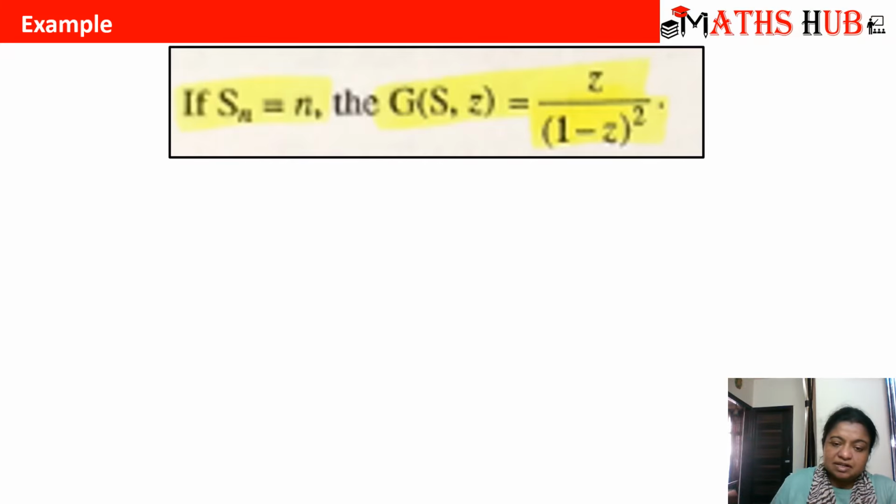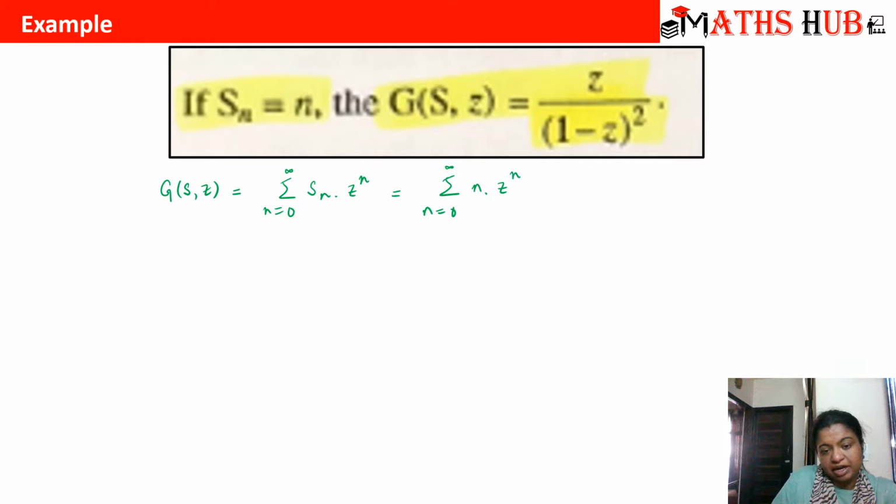if the sequence is now n, let's try to derive it. The generating function G of S of z is equal to the summation n going from 0 to infinity of Sn into z raised to power n. When we substitute the value of Sn, we get n into z raised to power n. Now open up the brackets: when you put n equal to 0, you will get 0.